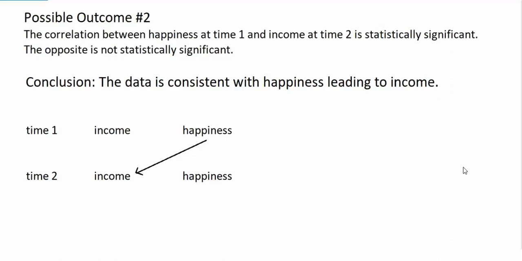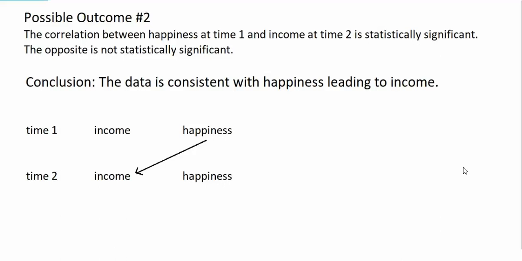So if the correlation between happiness at time 1 and income at time 2 is statistically significant, and the opposite is not statistically significant, then the data is more consistent with the possibility that happiness leads to income.